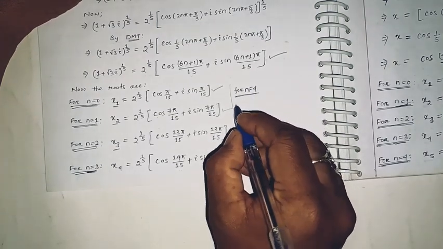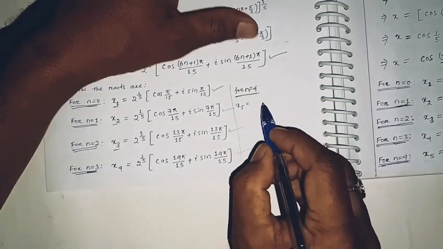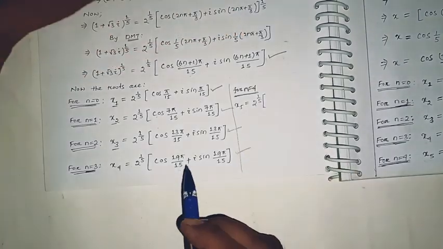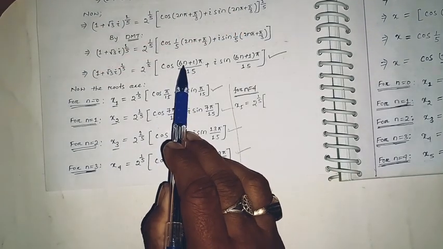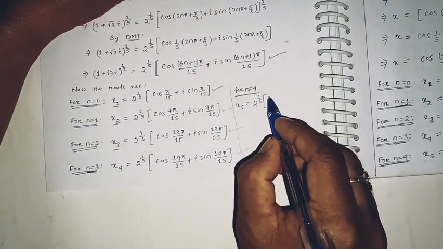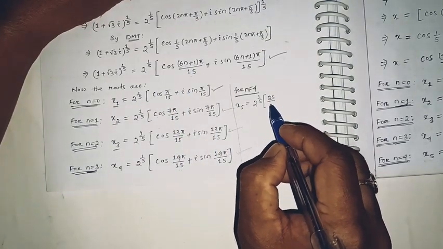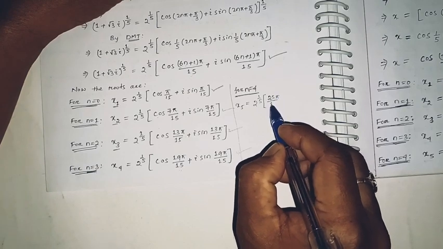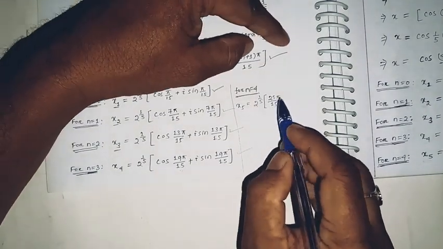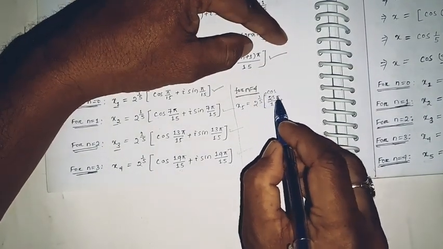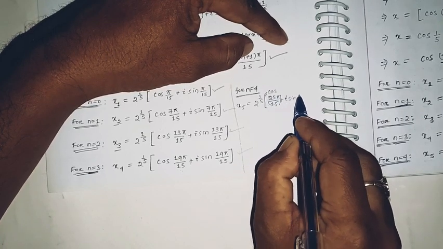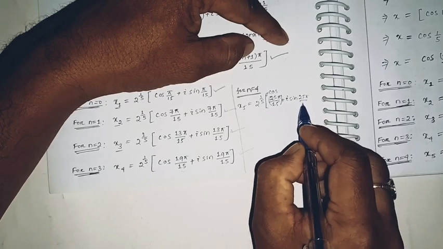Fifth root x5 will be equal to 2 to the power 1 by 5 whole into, if I put 4 over here, 6 into 4, 24 plus 1, 25: cos 25 pi by 15 plus i sin 25 pi by 15.